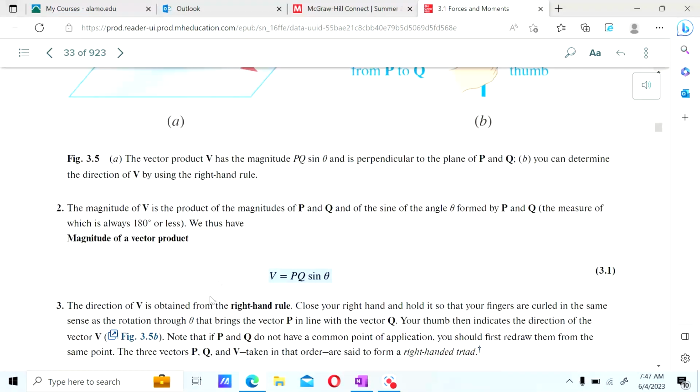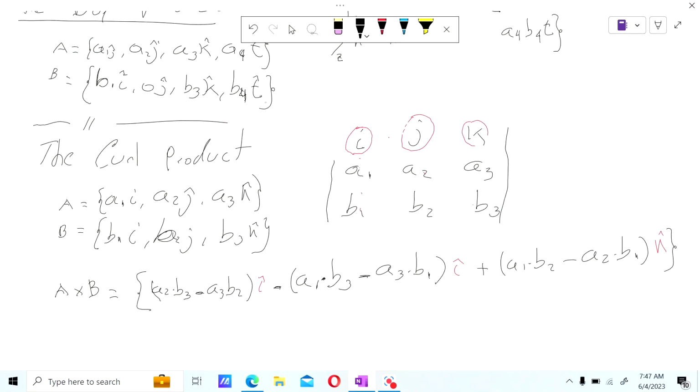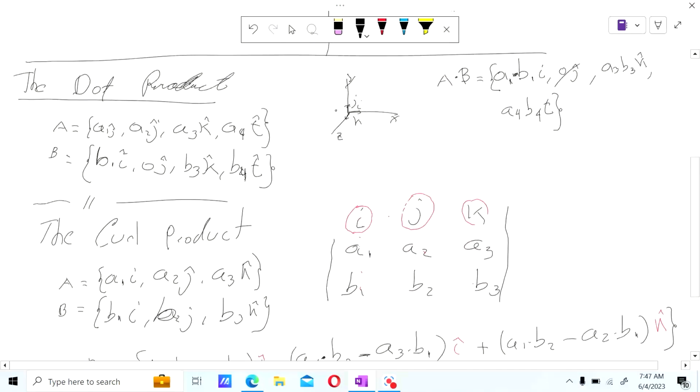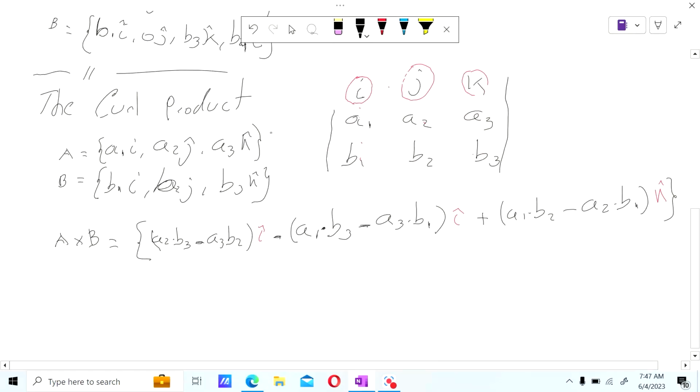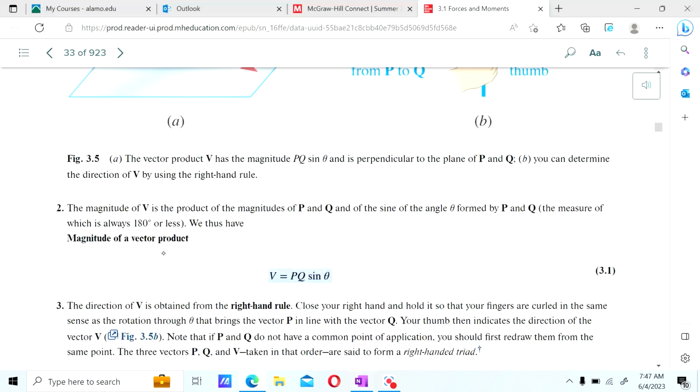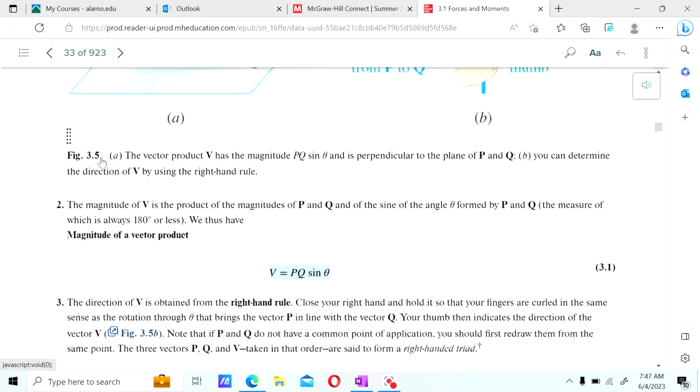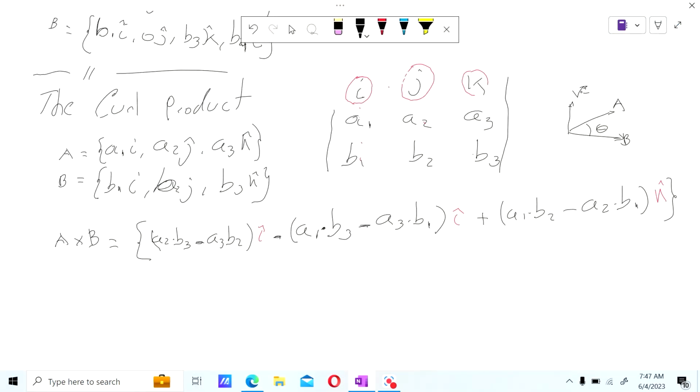It's very useful to find forces and rotation. For a vector A and a vector B, if we know the angle, it will be much easier, because the vector V, which is A cross B, that is what we just did.